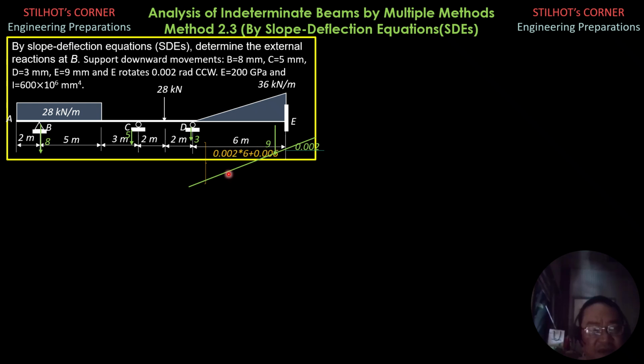So we have 0.002 slope times 6 meters, the gap between D and E, plus the deflection at E, which is 6 mm downward, greater than that of D. That makes it 0.018 meter overall.